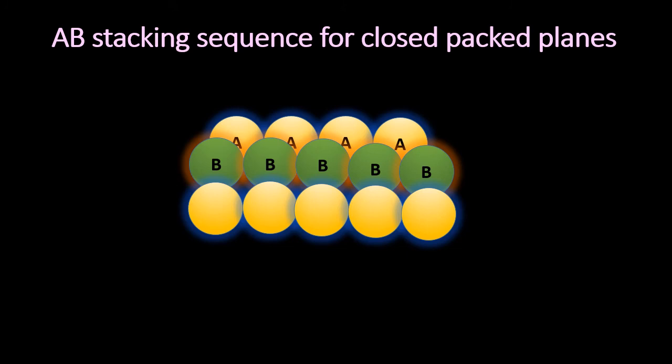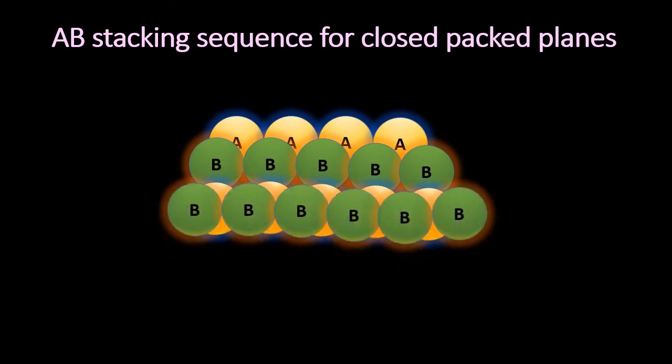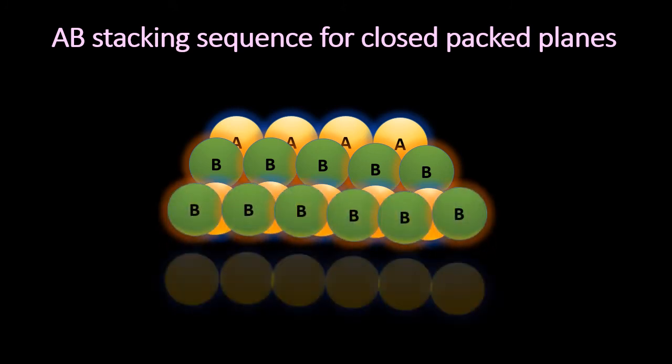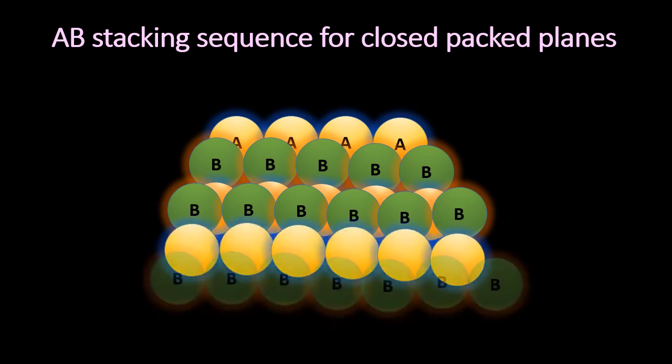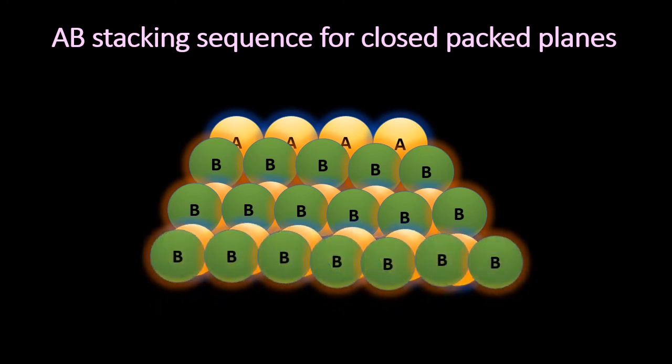We have A, then B, then again A and then B. So this is the ABABAB stacking sequence. So closely packed atoms are attached with one another in a certain sequence.